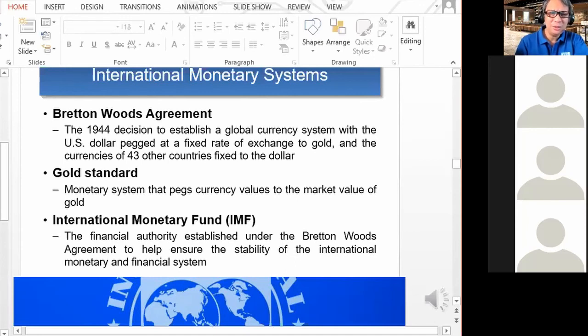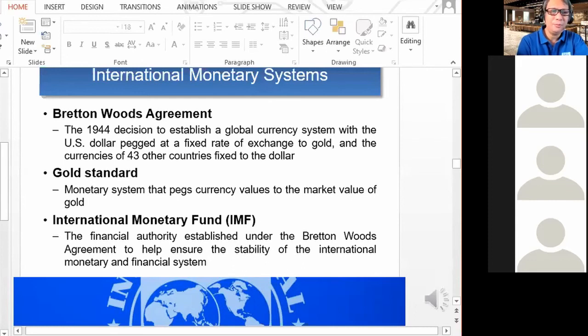Other currencies are also pegged to the value of the US dollar, and they all agree to use the US dollar for all of their international trade transactions. Okay, that's the Bretton Woods Agreement. The Bretton Woods Agreement, class, established the World Bank and the International Monetary Fund. So that's 1944, right before the end of World War II.